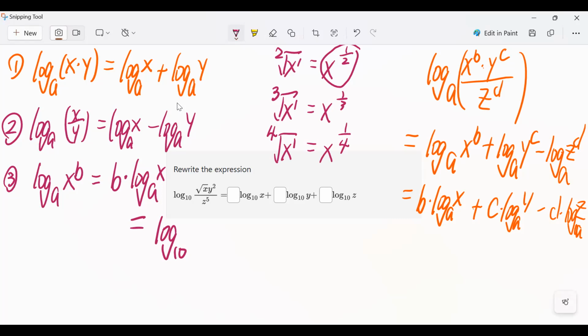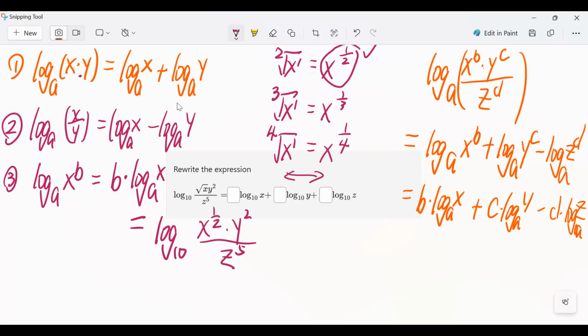So vice versa, you can go back and forth between the square root and the exponent. So we get a square root here, which is x to the half, times y squared, over z to the 5th.